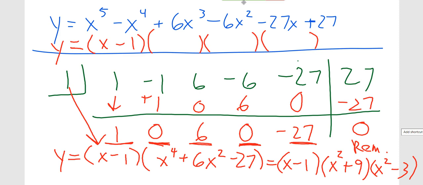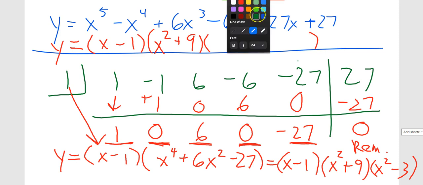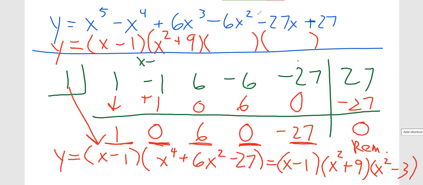Okay, which one of those quadratic factors was irreducible? X squared plus 9 was irreducible. Now, I've had several people ask me, well, why can't you do x plus 3 and x plus 3?